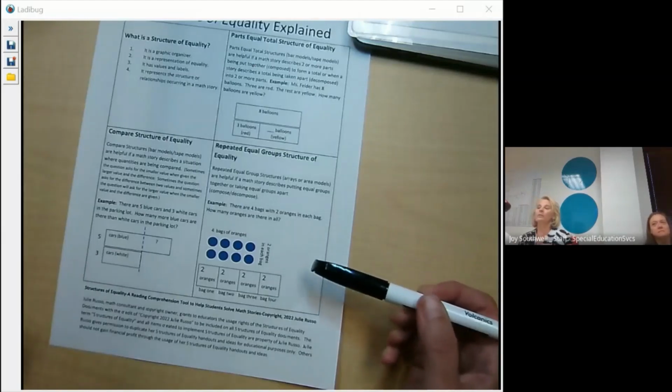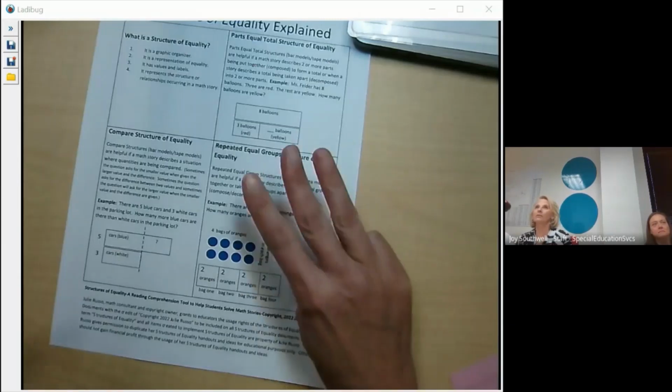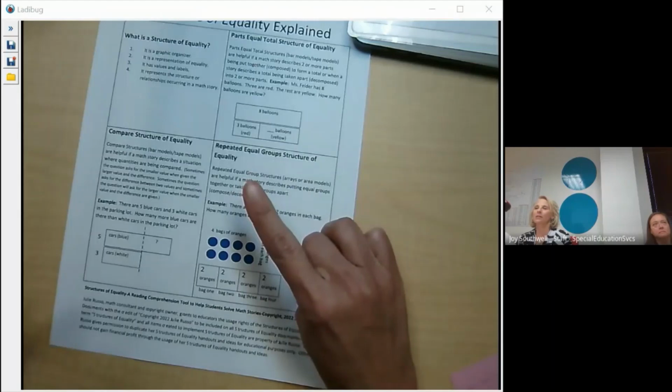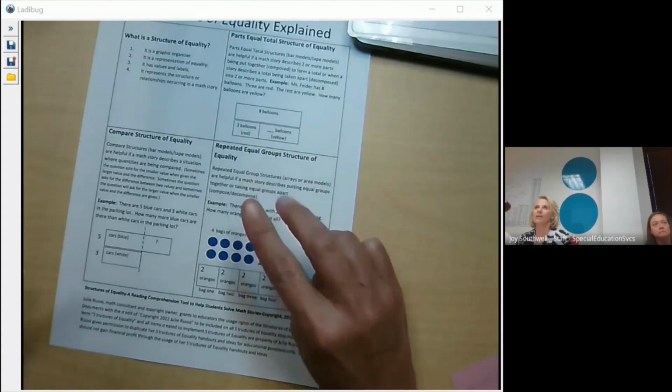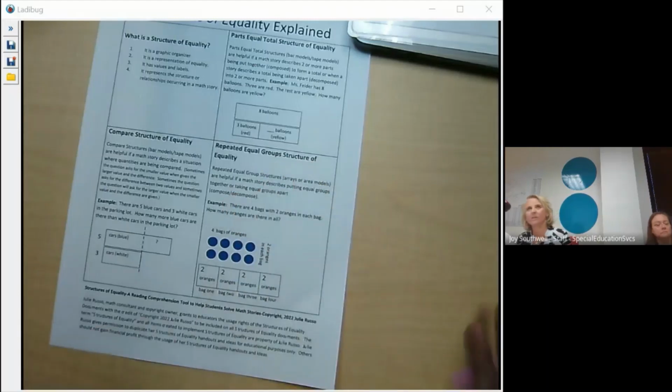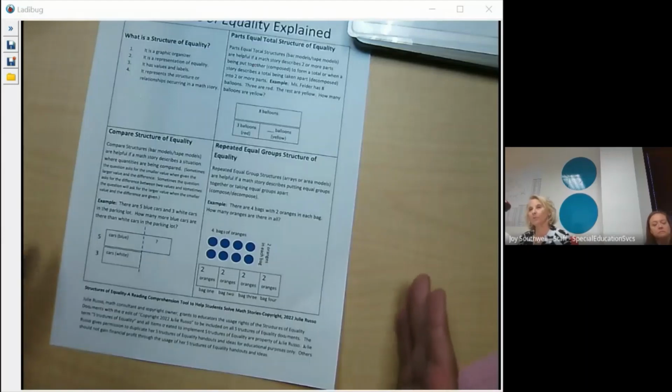So structures of equality have 3 things. They are a representation of equality. They have values, and they have labels. And from my many years of experience, I found those 3 things are vitally important for comprehension. This is a reading comprehension tool.